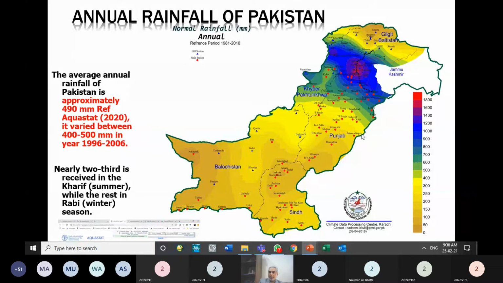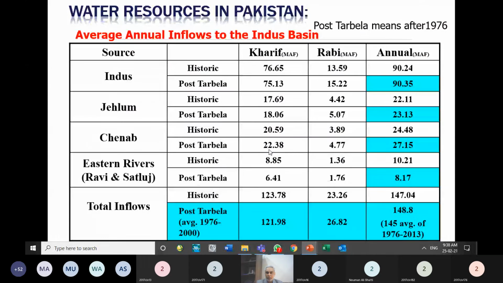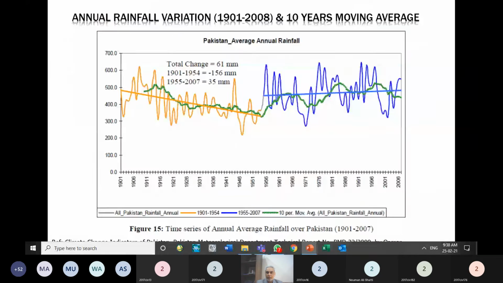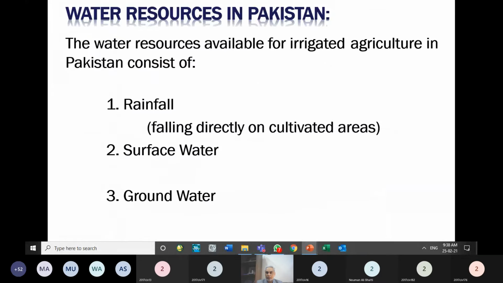And the second thing: artificial application of water becomes necessary. That can be understood from the hydrograph of the rainfall, if we see the availability of water. In hydrology, you might have seen that we have two seasons of rainfall.